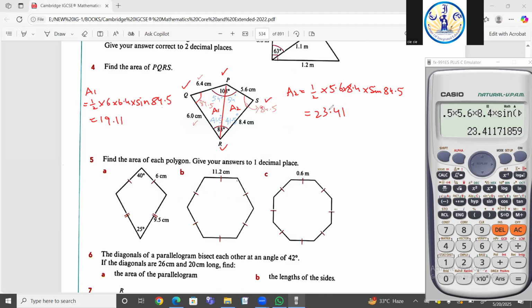So when we add them, the area becomes A1 plus A2, that is 42.5 centimeter squares. So this is how these questions are to be done.